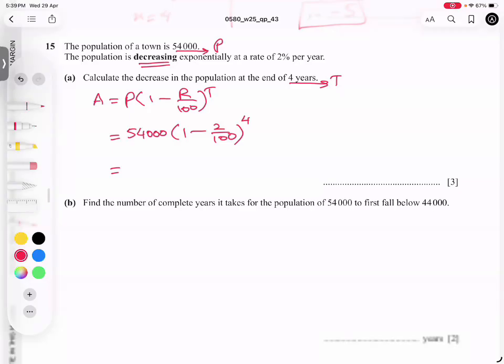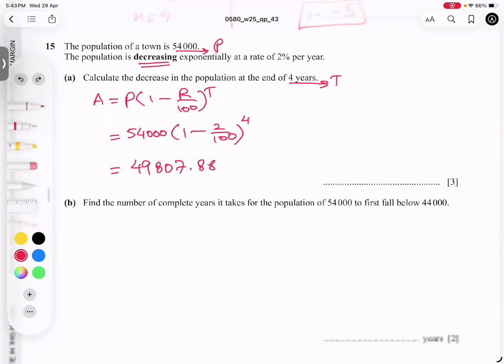So 54,000, and in a bracket 1 minus 2 divided by 100, and the power is 4, and the answer is coming to me as 49,807.88. Okay, students, what he said here is calculate the decrease in population. He's not asking what is the population after 4 years.